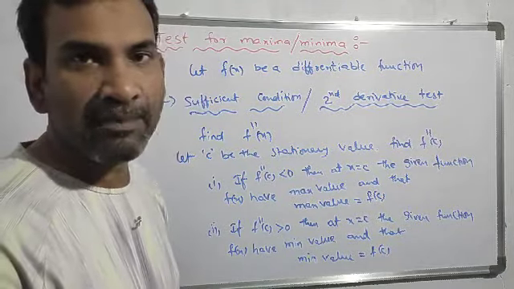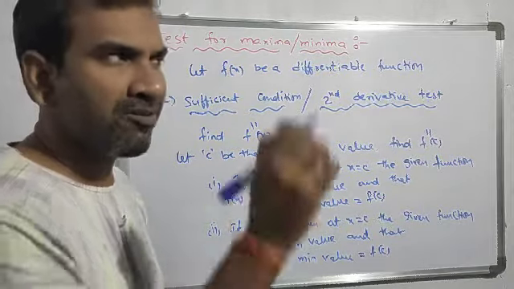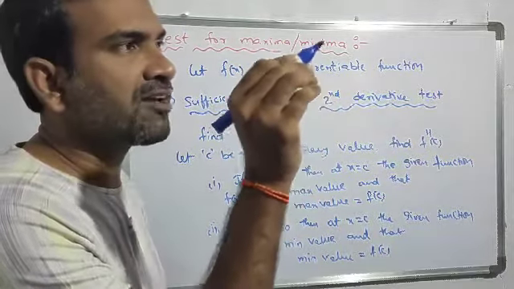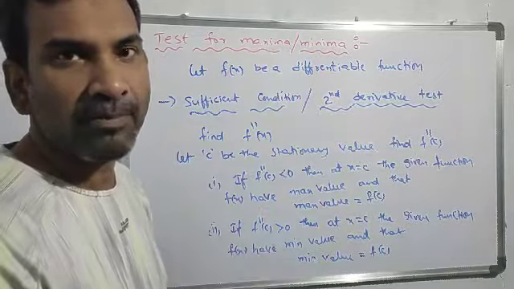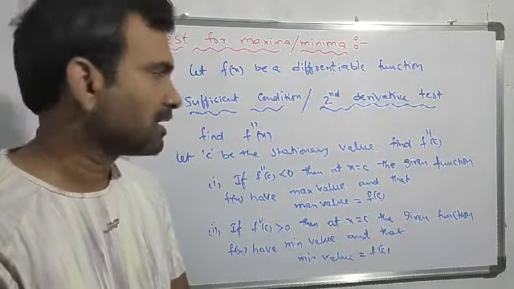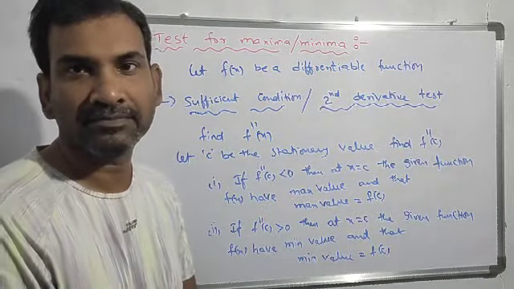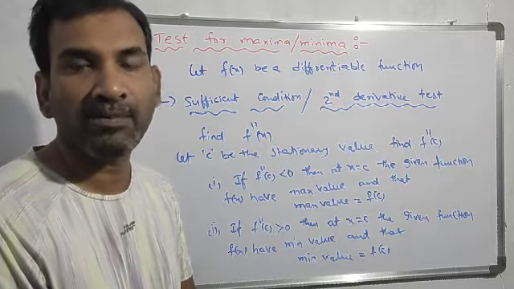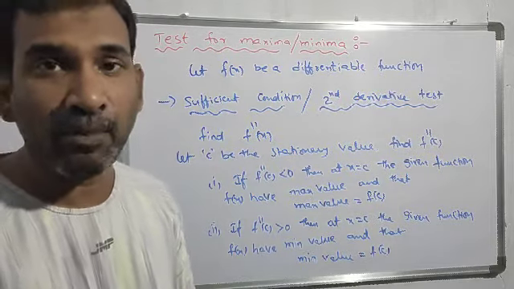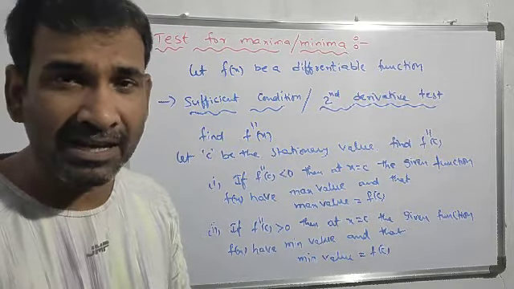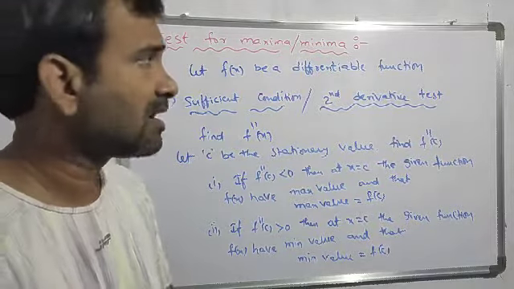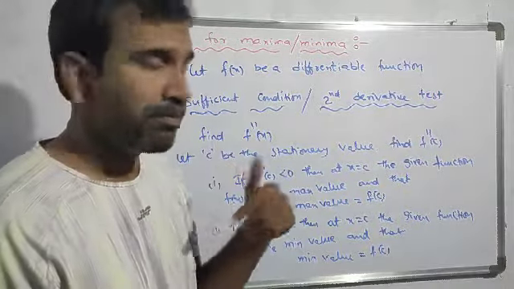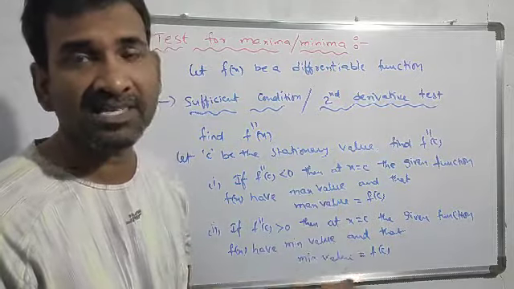That type of points, c comma f of c, are called saddle points. A saddle point satisfies the necessary condition, but it does not satisfy the sufficient condition.